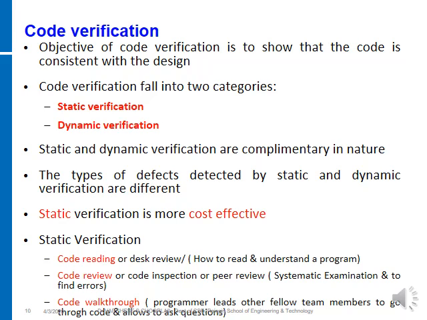Both are complementary in nature, but the type of defects found through static verification is entirely different from the type of defects found through dynamic verification. Static verification is more cost effective compared to dynamic verification.